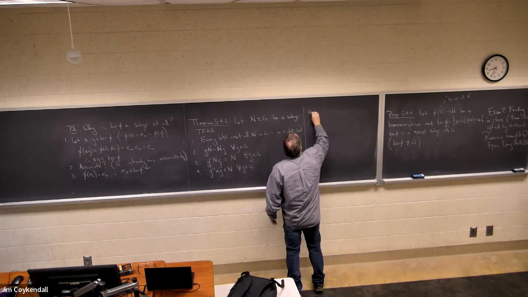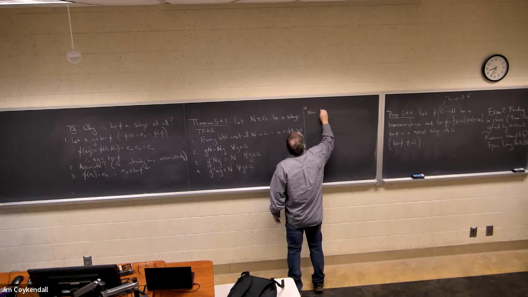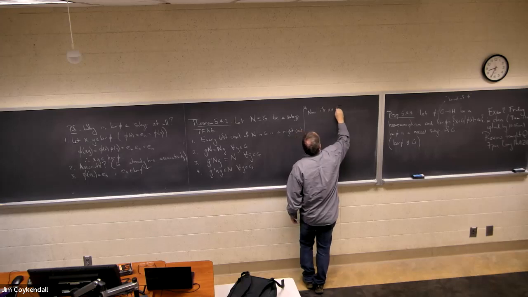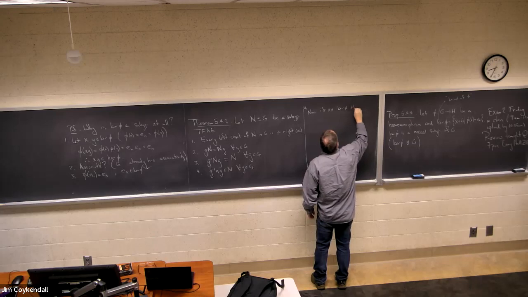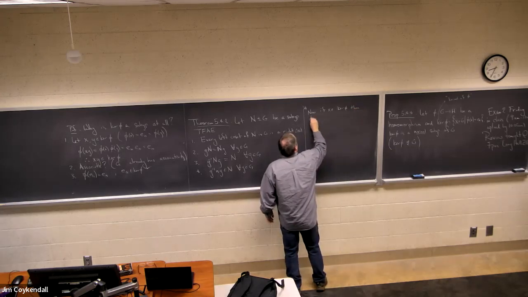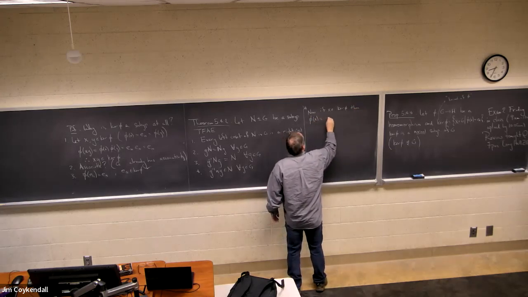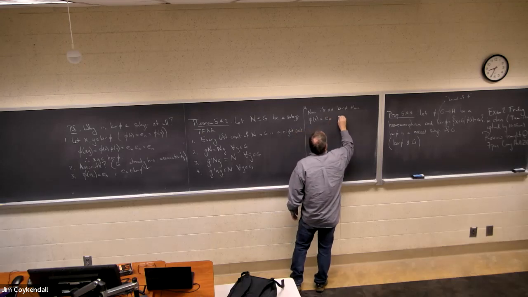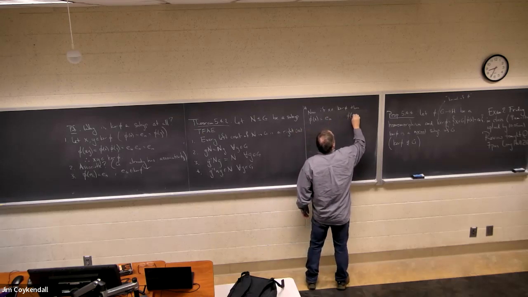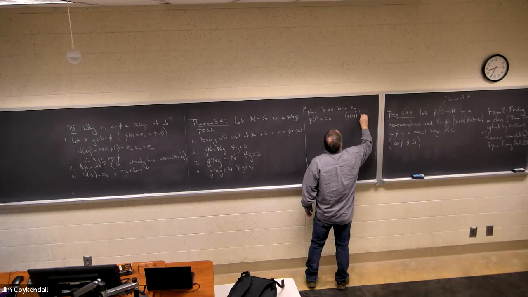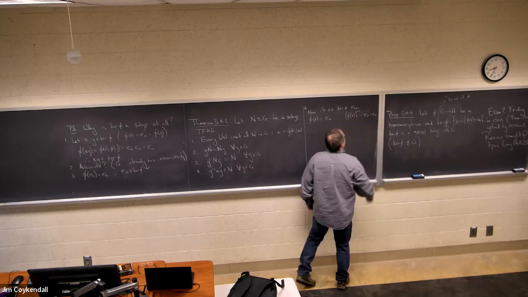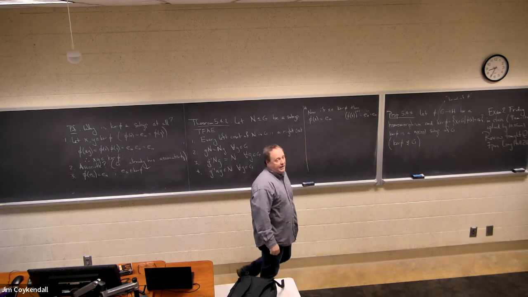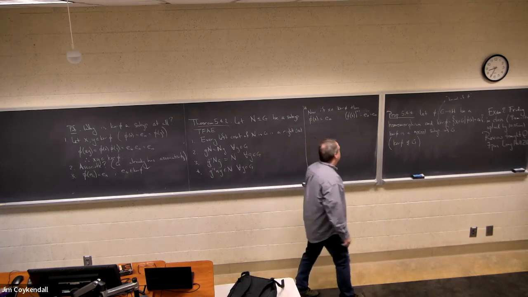Now, if X is in the kernel of phi, then phi of X is the identity of H. Therefore, phi of X inverse is the identity of H inverse, which is the identity of H, because the inverse of the identity is the identity.